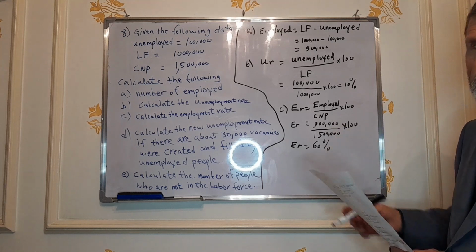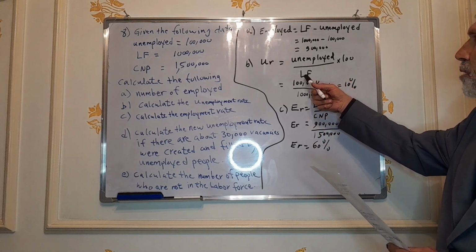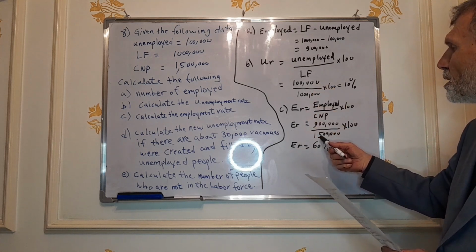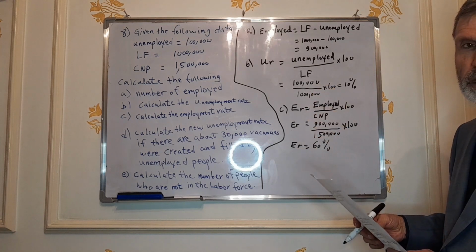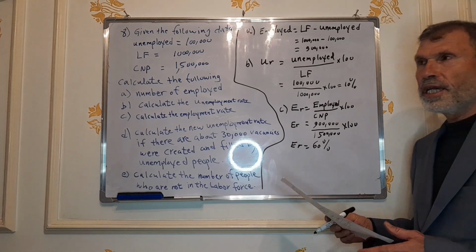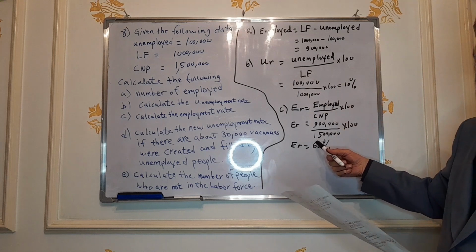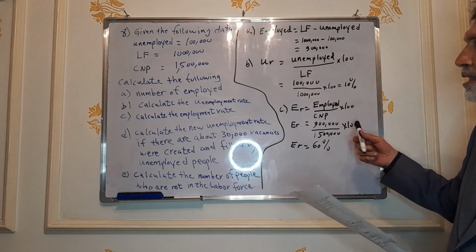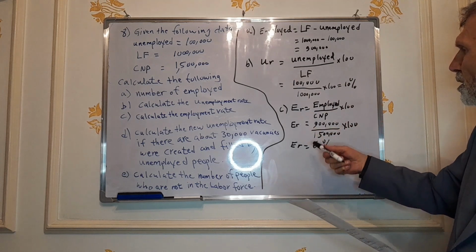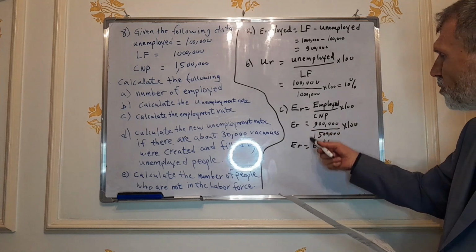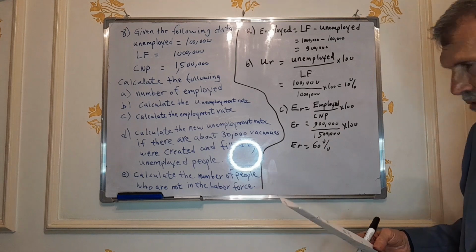The unemployment rate is divided by the labor force, while for the employment rate the denominator is the civilian non-institutional population. Therefore, if the unemployment rate is 10%, it doesn't mean that the employment rate is 90%. As we get over here, the employment rate is 60%. So the sum of both doesn't equal 100%.